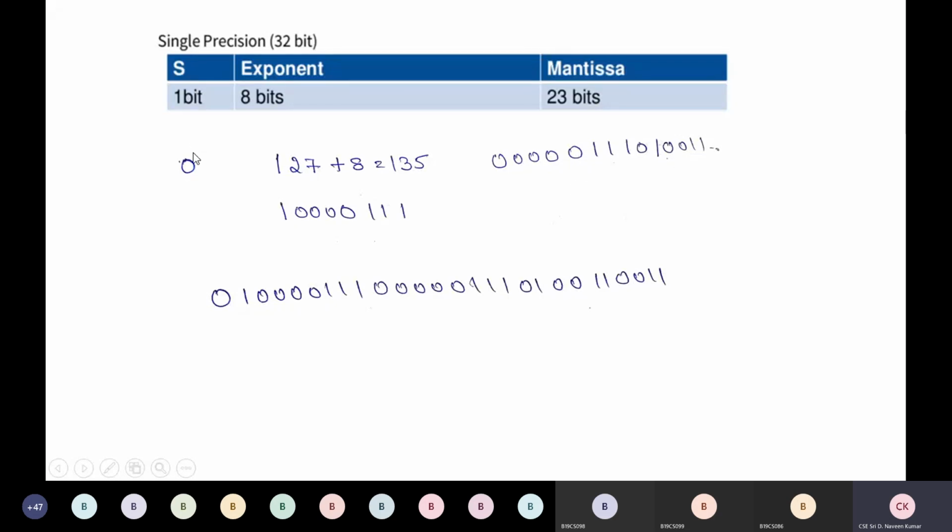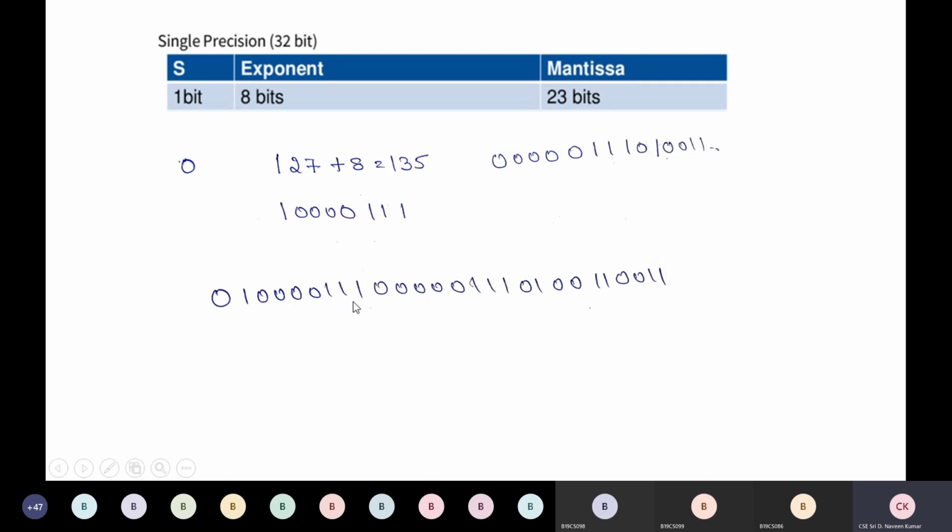So this is the sign bit 0, the exponent in Excess 127 format, and the Mantissa. I have written all of this in one place: the sign bit, then all 8 exponent bits, and then the Mantissa part.